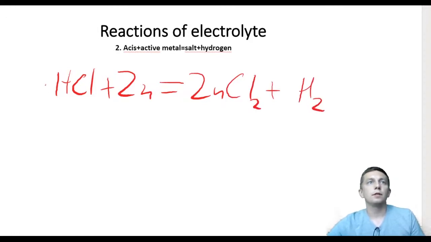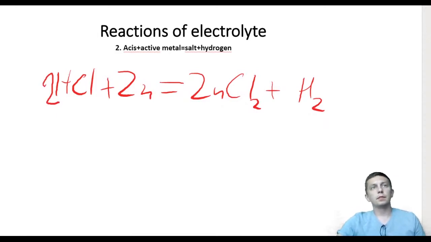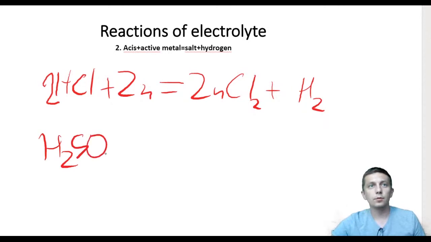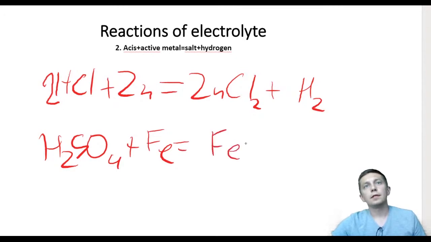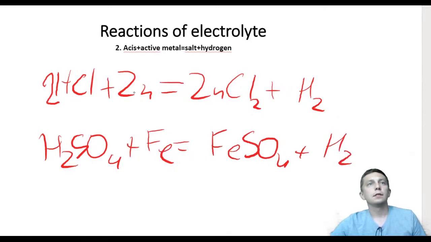It's historically the first way scientists produced hydrogen in the lab. Or for example, H2SO4 plus iron, forming iron sulfate and hydrogen. And here no need for coefficients.